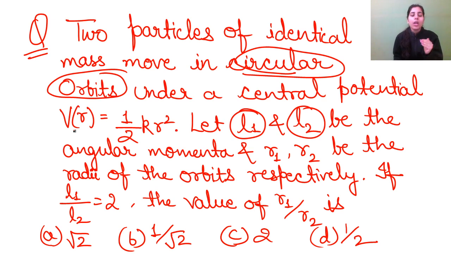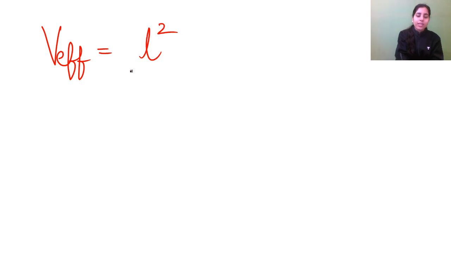So whenever we talk about the potential, we can't use the direct potential expression given to us. We use the effective potential expression, because angular momentum is involved and it is related to circular orbit. So the effective potential expression is going to be L square, that is angular momentum square, upon 2mr square plus V(r).